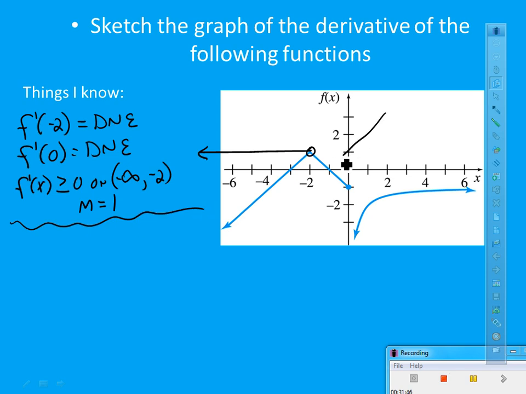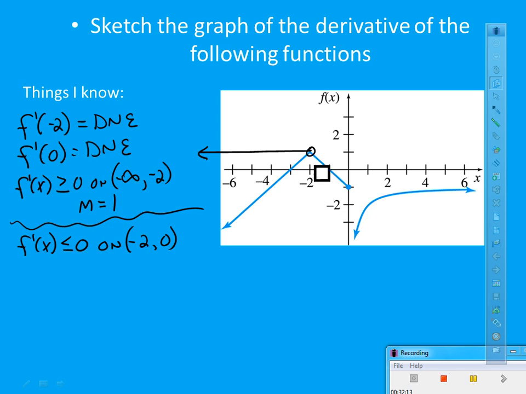Now I'm going to pick on this piece. I know that it's going downhill, so I know that f prime of x is less than or equal to 0 on -2 to 0. So I should be below the x-axis. Once again, guys, since it's a line, I can find the exact slope of it. It looks like this slope is down 1 over 1.